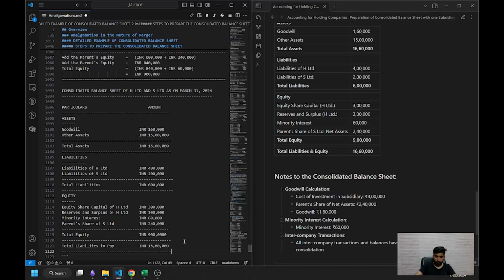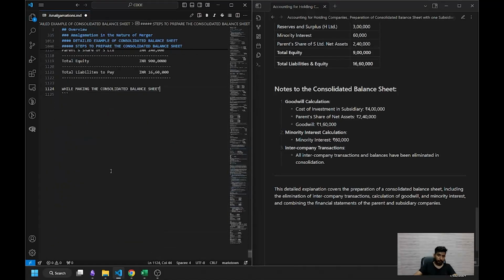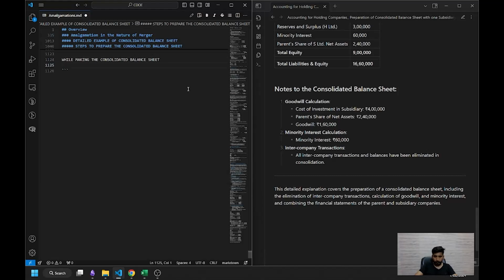Now, we just have to keep in mind one thing, that while we are making the consolidated balance sheet, the goodwill calculation: the cost of investment in subsidiary is rupees 4 lakhs, and the parent's share of net assets is rupees 2,40,000.